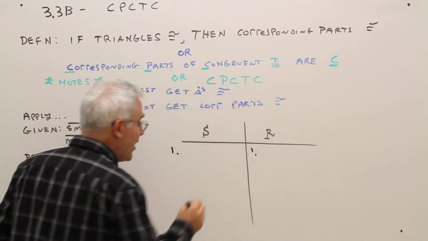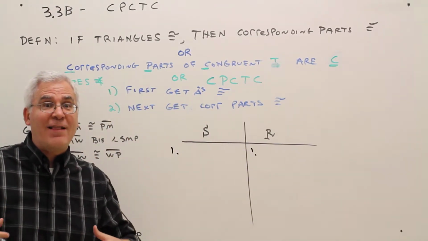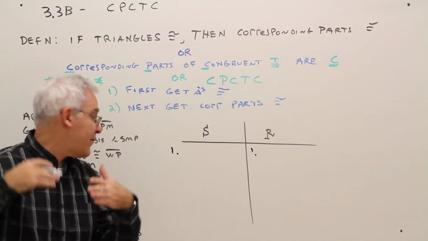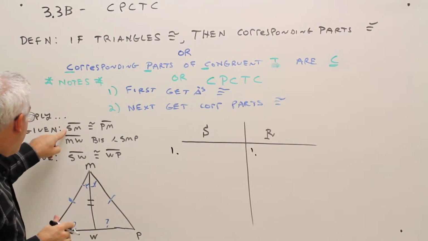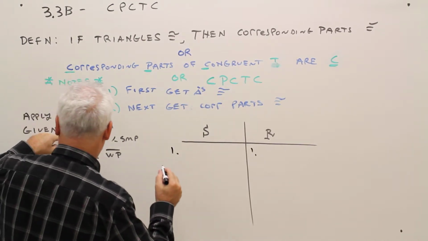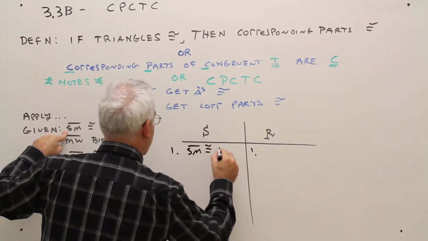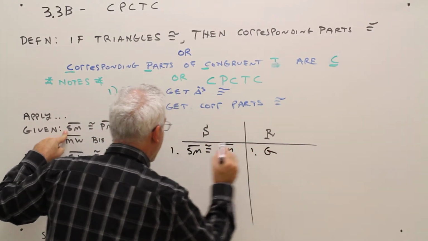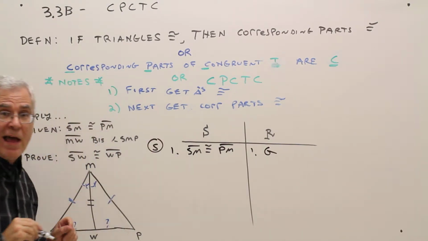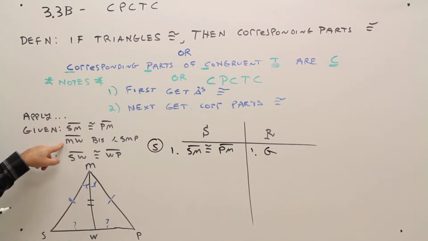So step 1, and again, to get the triangles congruent, I like to go in SAS order. I'll start with what was given here. So SM is congruent to PM, given. That was a side. Then I'll just go with the angle.